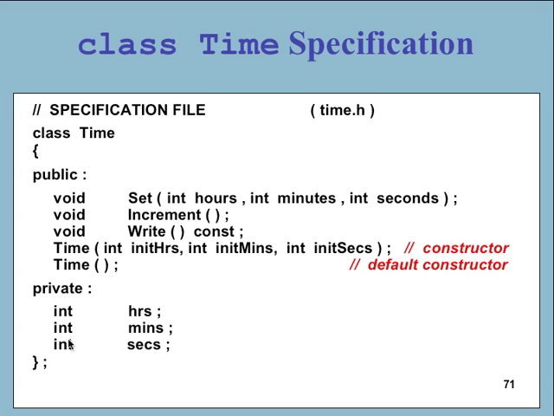And just to review the concept as well as the class time, our specification is our .h file. You know I'm going to ask you something on the final about specification and implementation files. And you know I'm probably going to ask you something about inheritance.